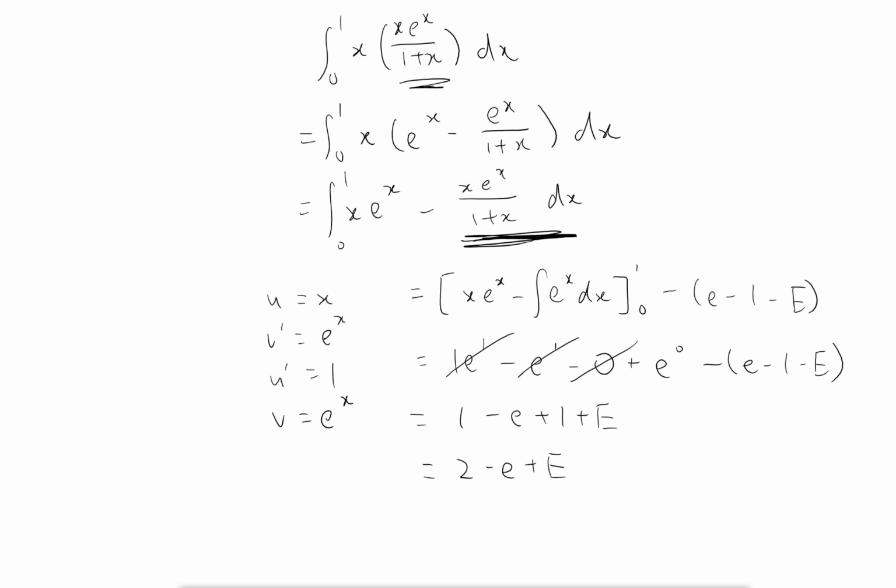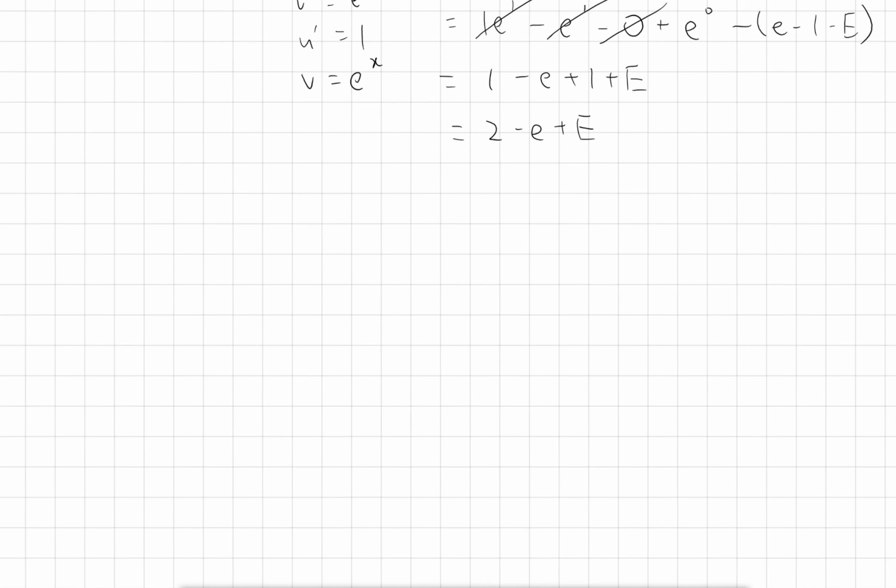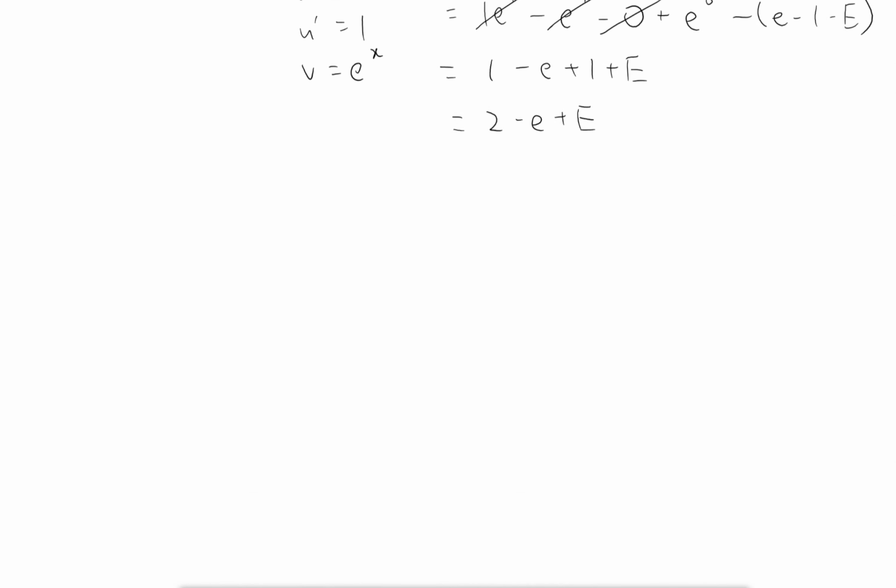So we move on to the third integral. The third integral is saying that we have to integrate from 0 to 1 of e to the (1 minus x on 1 plus x) over 1 plus x dx. How can we deal with that?